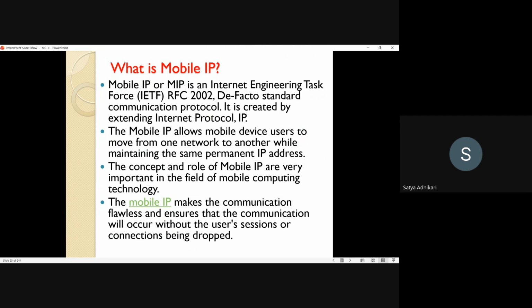To perform any communication with the mobile application or mobile devices, a protocol is required, and that is known as mobile internet protocol, mobile IP.